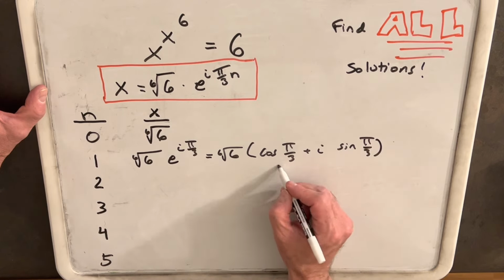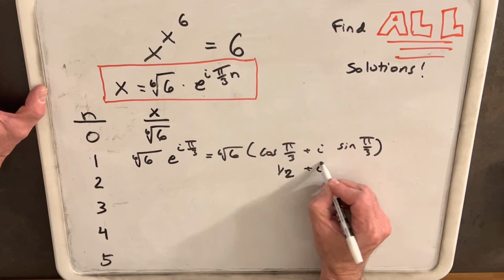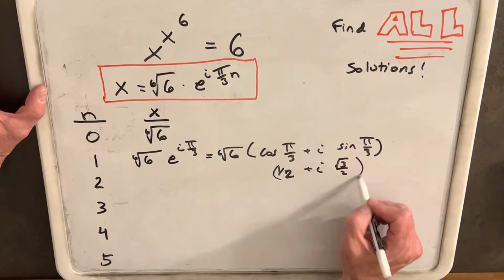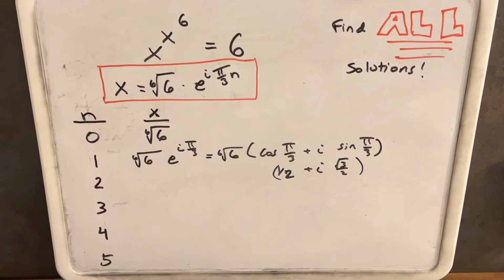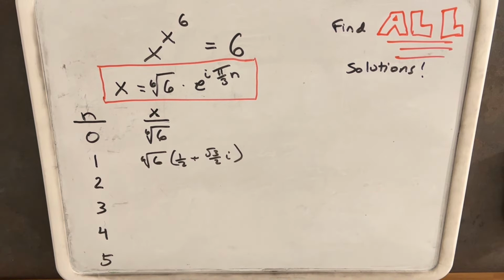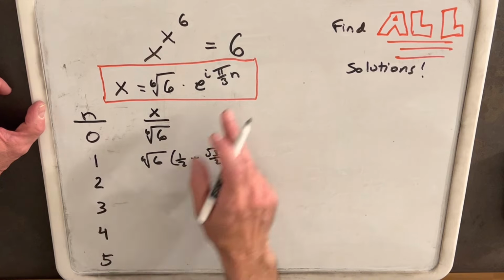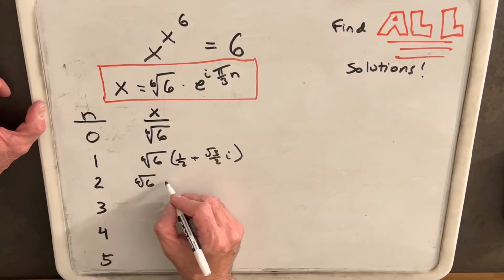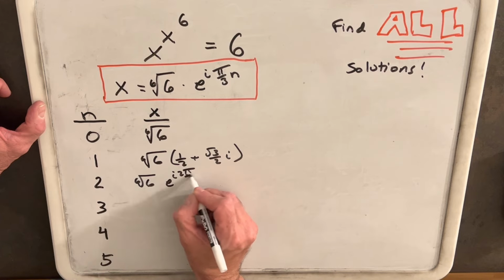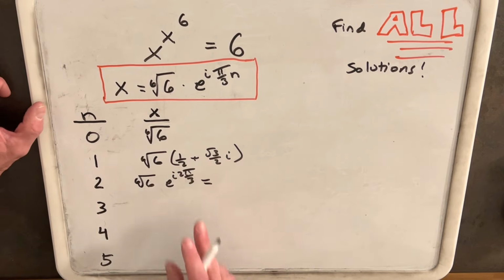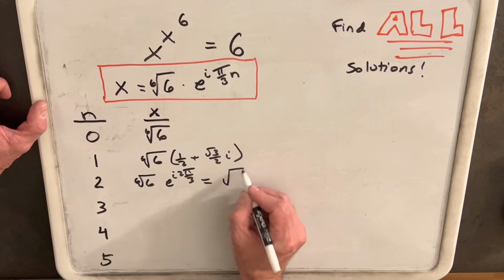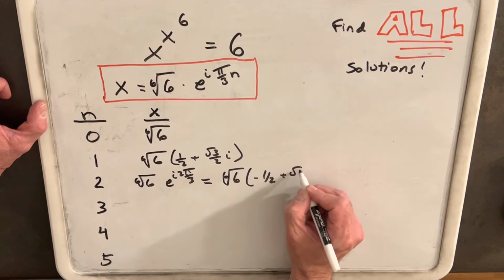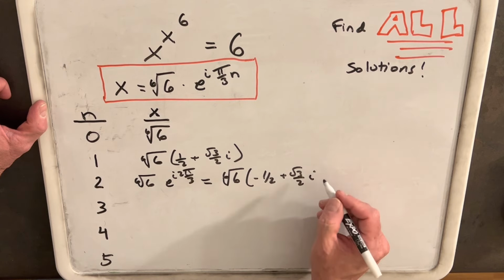Cosine pi over 3 is 1/2, and sine pi over 3 is square root of 3 over 2. Then I'm just going to clean this up a little bit. Doing the exact same thing, plugging in n equals 2, this is going to be the 6th root of 6 times e to the i 2 pi over 3. Then if you use Euler's formula again, you'll see that this value is the 6th root of 6 times minus a half plus square root of 3 over 2 i.